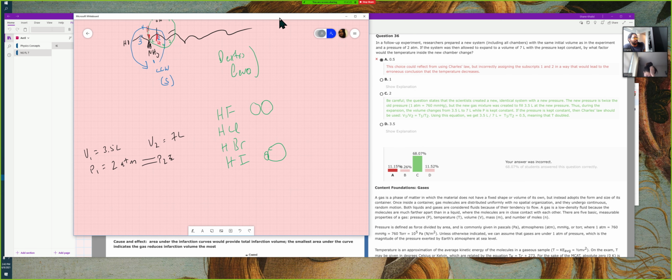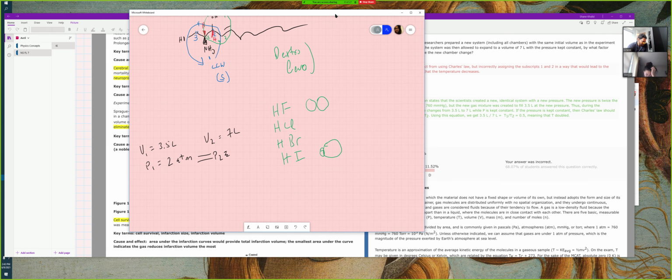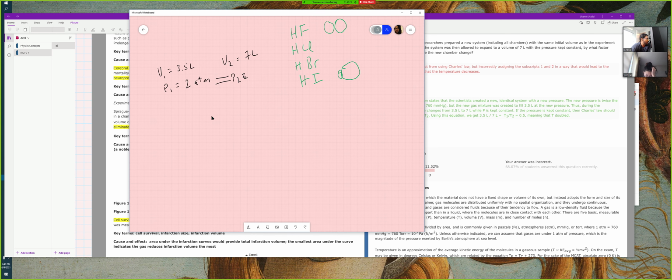change? So, ideal gas, blah blah blah. So whatever, PV is equal to nRT, right?